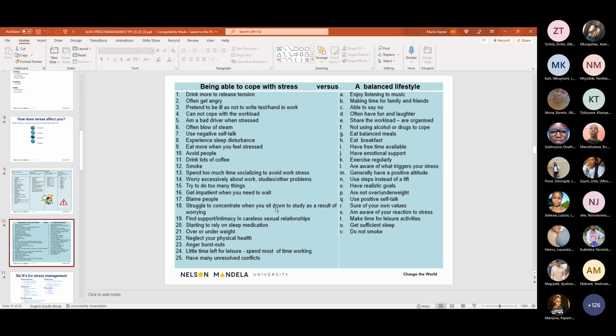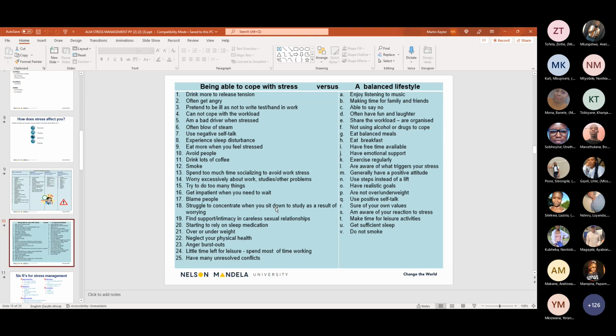Each one of those aspects is a possible way of trying to cope with stress.